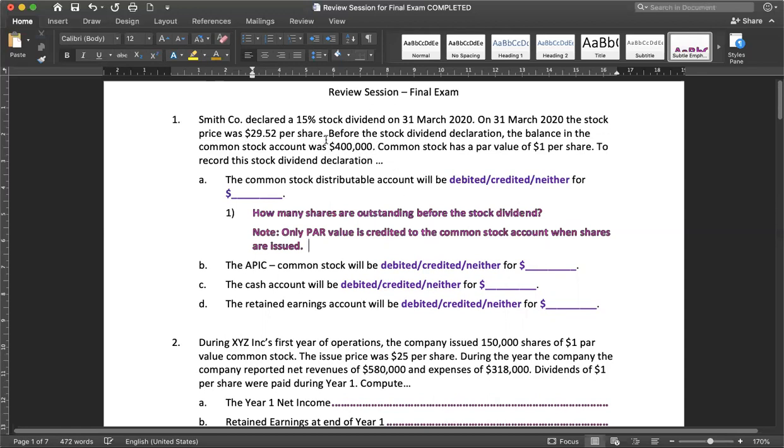So how many shares does this $400,000 represent? In this case here, it's $400,000, and each share has a par value of $1. So this means that there are 400,000 common shares outstanding.